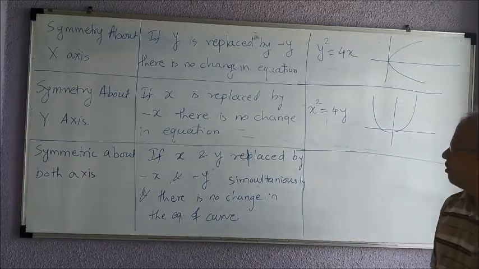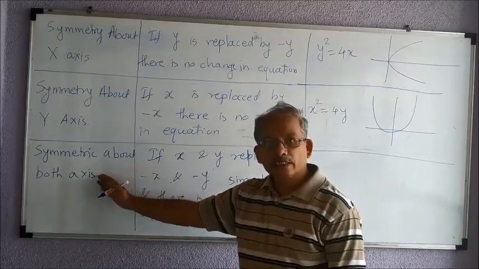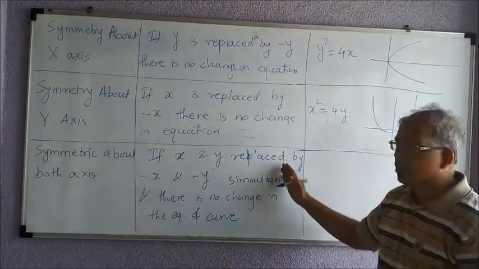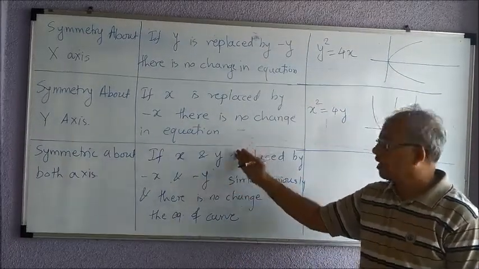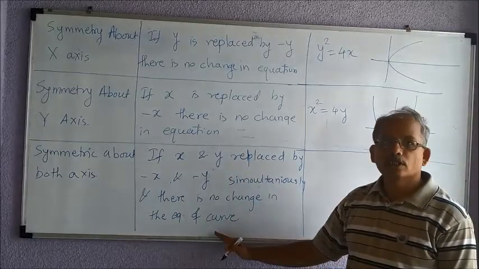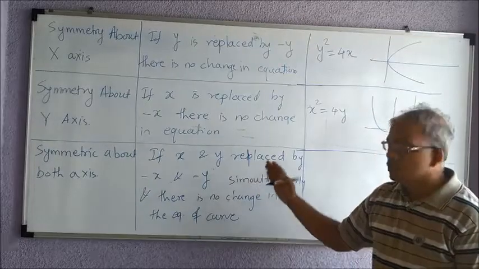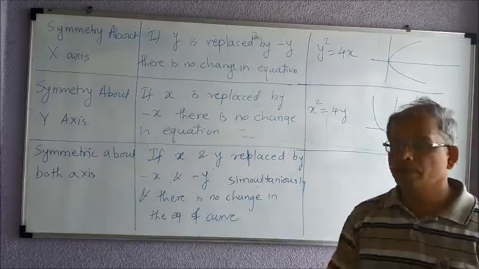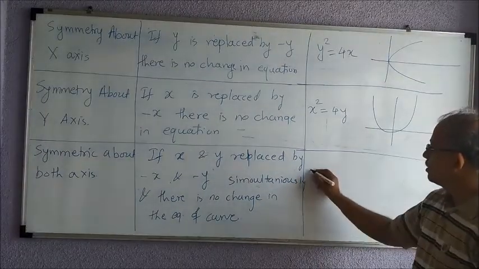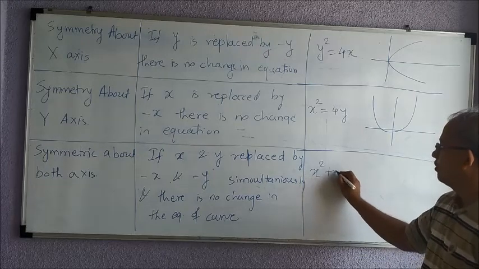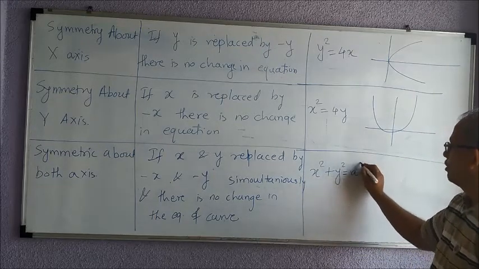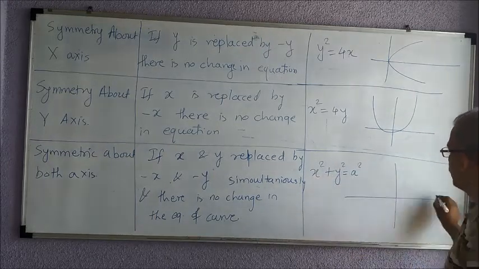Then symmetric about both axes: you replace simultaneously x by minus x and y by minus y, and there is no change in the given equation of the curve. Then the curve is symmetric about both axes simultaneously, and of course you can take a circle as the example.